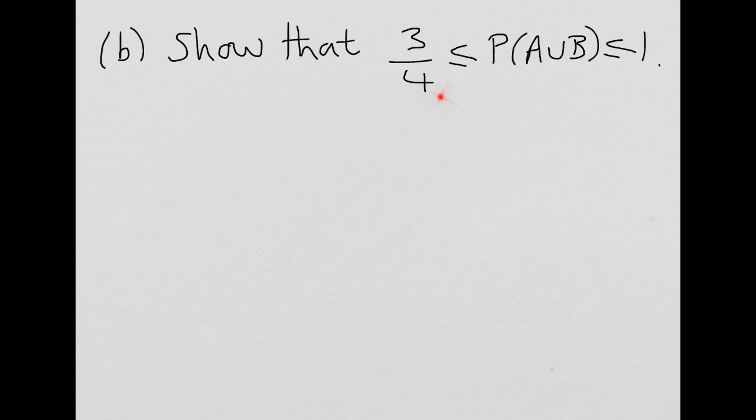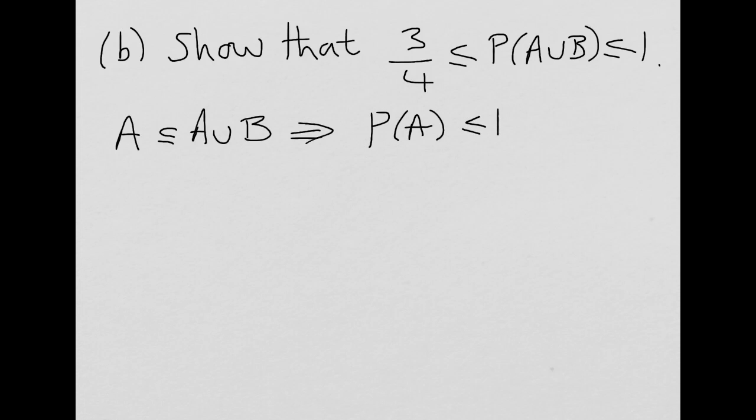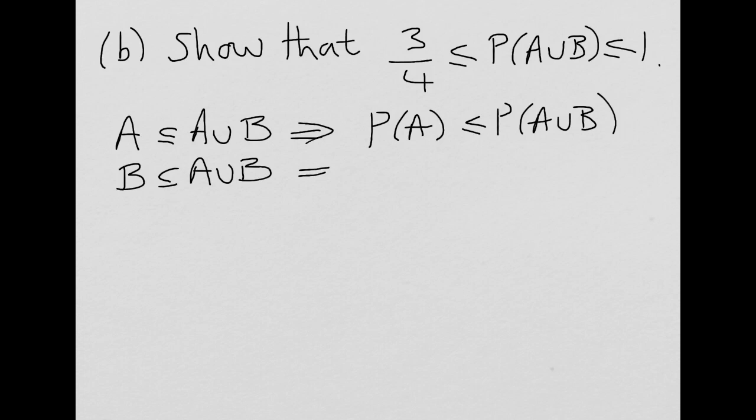If we first take the lower bound, the key point is that the set A is contained in A union B. So again, using monotonicity, we see that the probability of A is less than or equal to the probability of A union B. And likewise, the set B is a subset of A union B, so the probability of B is less than or equal to the probability of A union B.